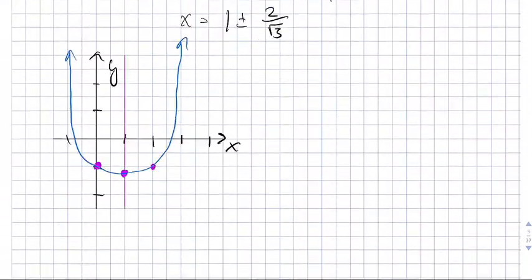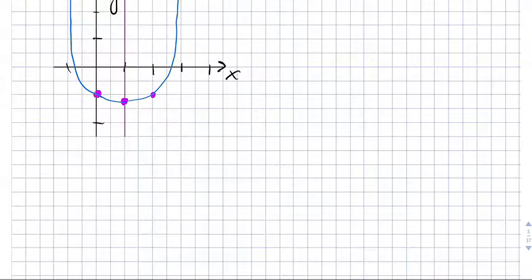So to answer the question, the inequality is going to be 1 minus 2 over root 3, and then 1 plus 2 over root 3.